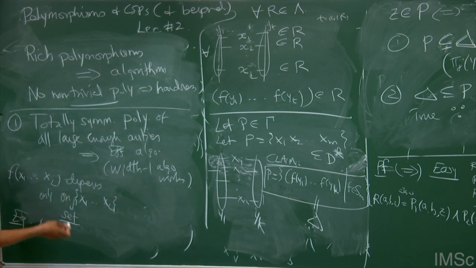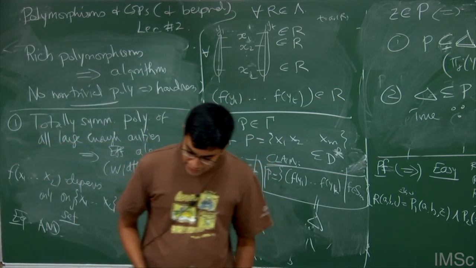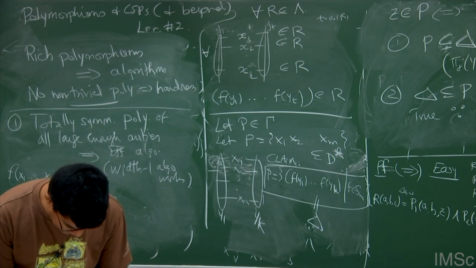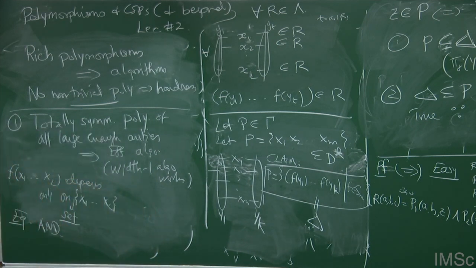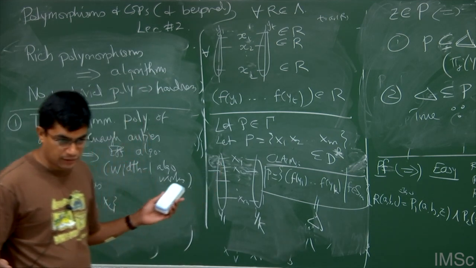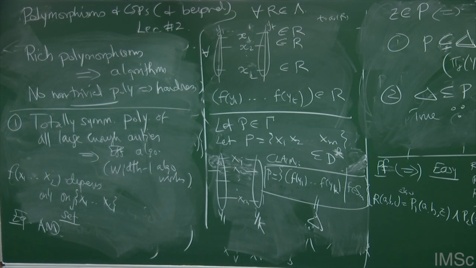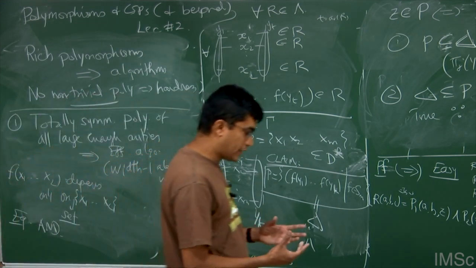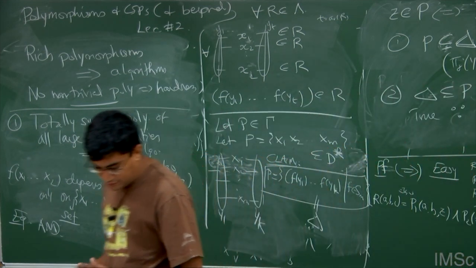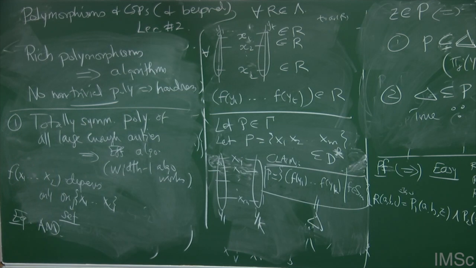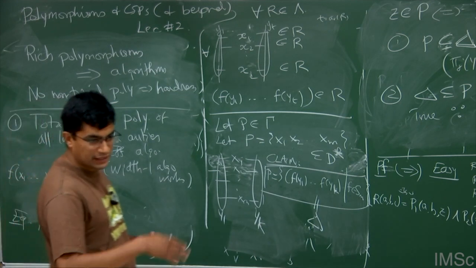And what is a width 1 algorithm? I'll say the algorithm in words, and if needed, I'll write it down. All this works for any domain, but if you want, you can think of Horn SAT. So what do you do for Horn SAT? Initially, for each variable you can have either 0 or 1. Then if some variable is forced to 0, you set it to 0, and that might force some other variable to 0, and so on.